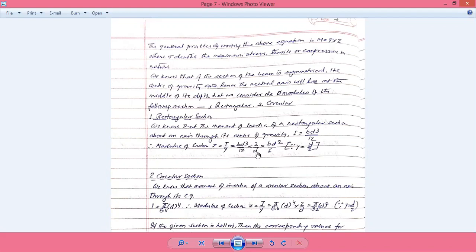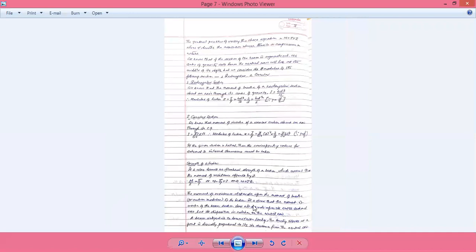If we put the value D by 2 as Y, this equation reduces to B D square by 6. So this is the section modulus of a rectangular section, and if the section is square, it will be D to the power of 3 divided by 6 itself. Next is the circular section.